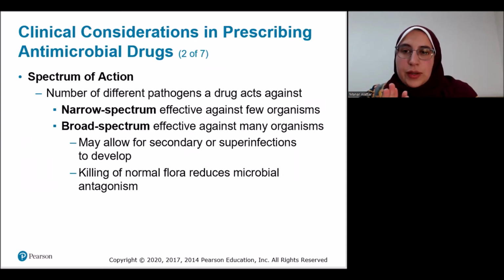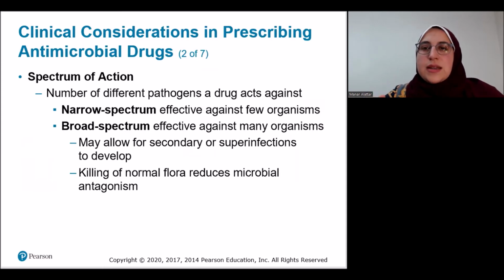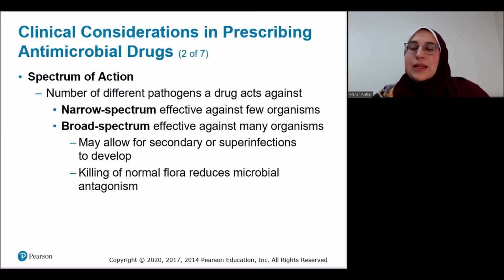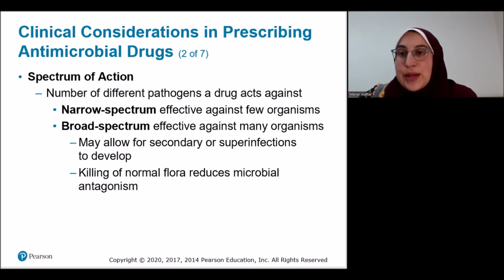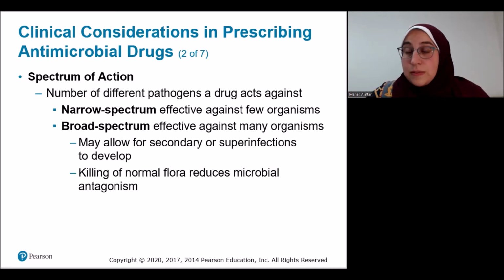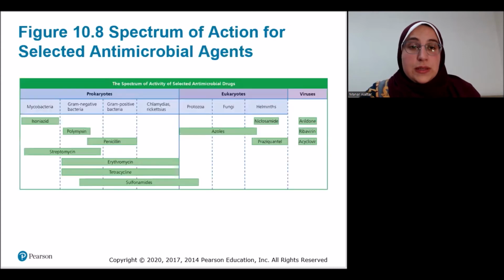And you're already familiar with that because as we were going through them, we said this antibiotic is effective against both gram-positives and gram-negatives, for example, or this antibiotic is only effective against tuberculosis, or this antibiotic is only effective against gram-negatives. And so that gives you an idea that some of them function across many different species that cause infection, and some of them are more specific.